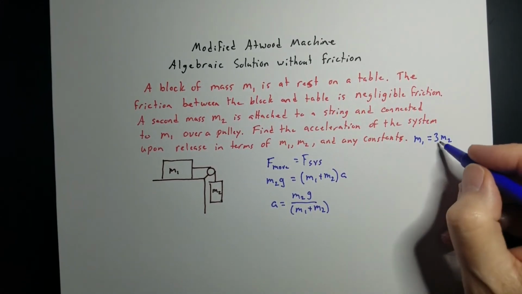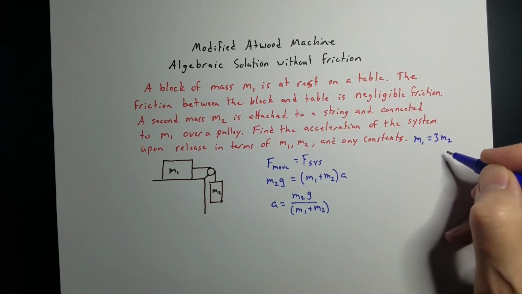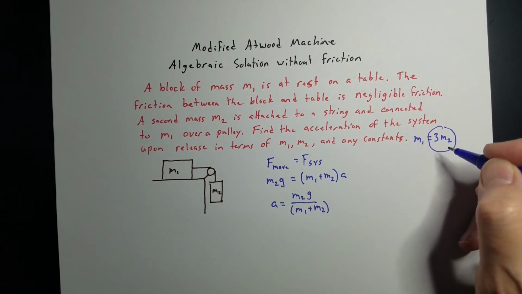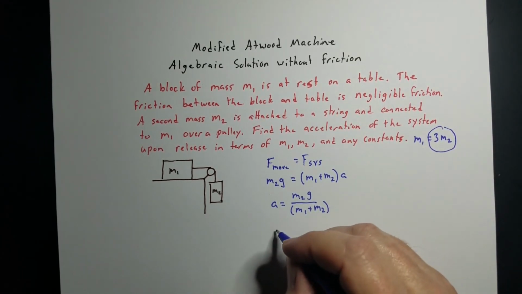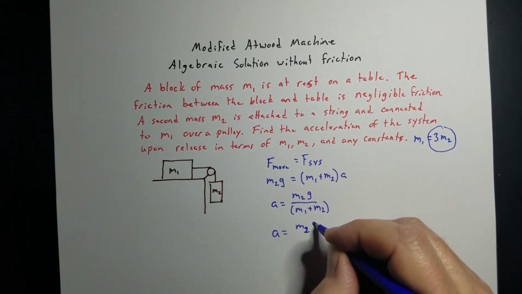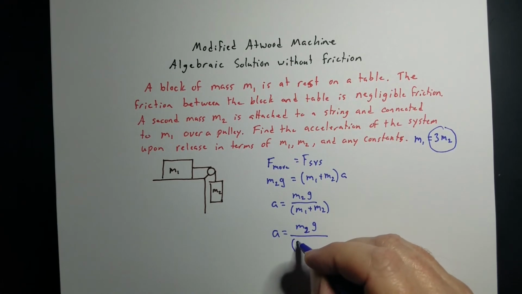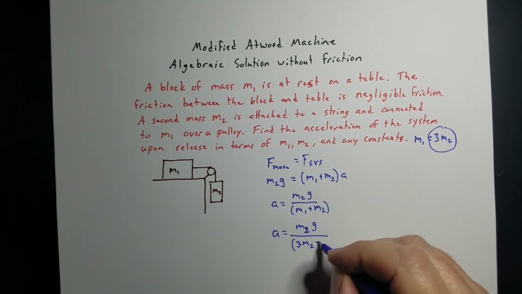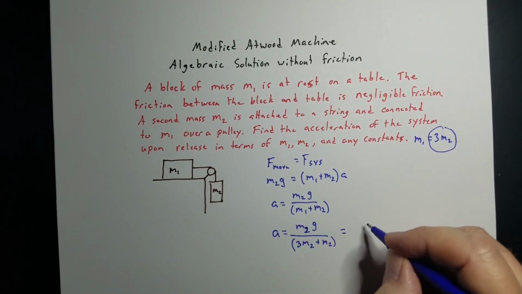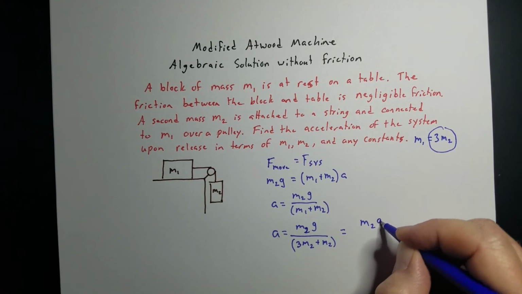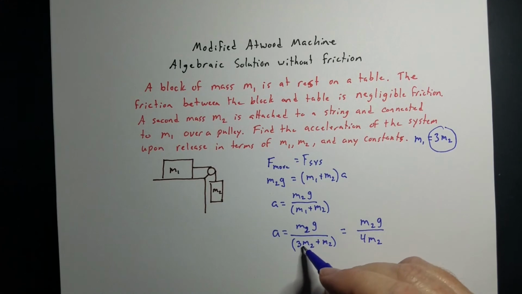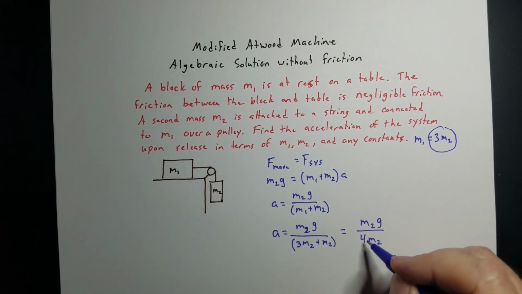But we have a thing where M1 is equal to 3 times M2. So we can substitute this in for M1. So if we do that, A equals M2G over 3 M2 plus another M2, and that's going to be equal to M2G over 4 M2, because 3 M2s plus another M2 makes 4 M2s.